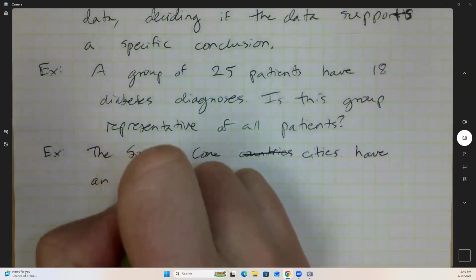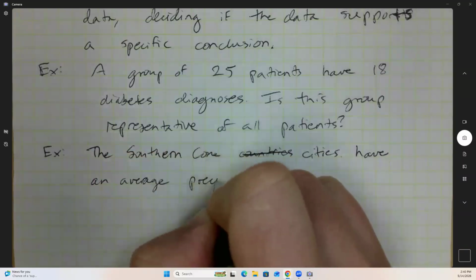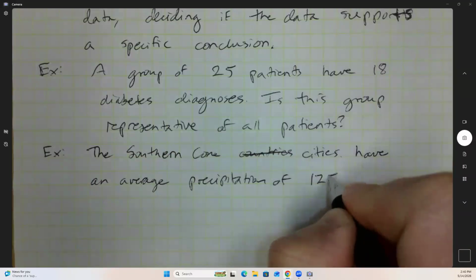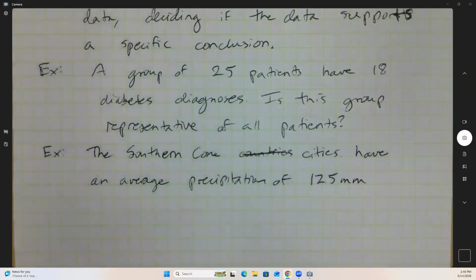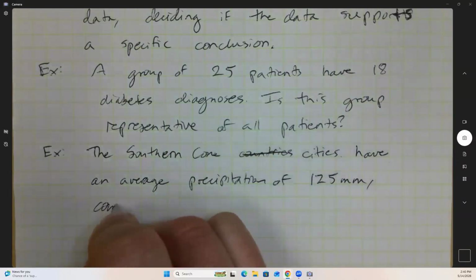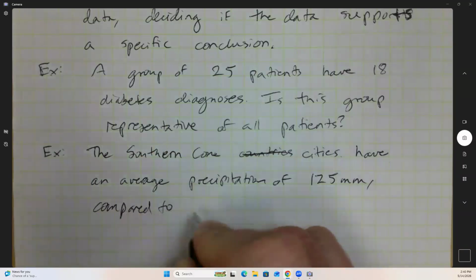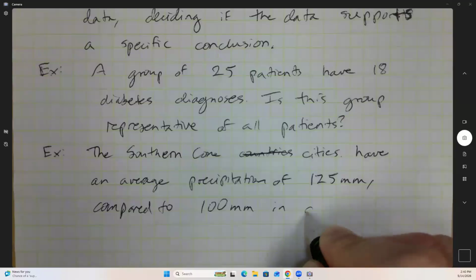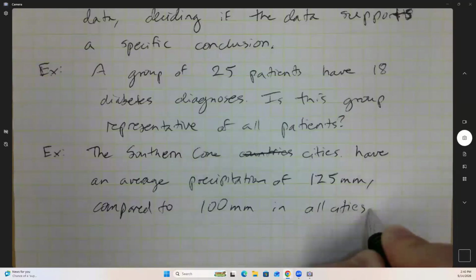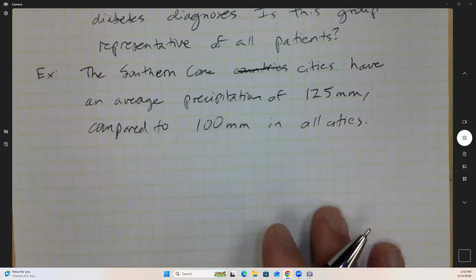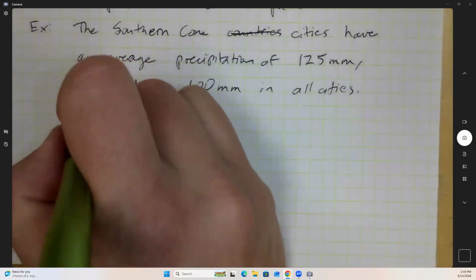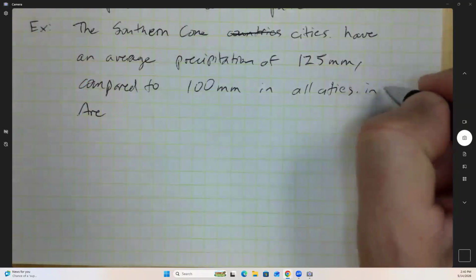have an average precipitation of about 125 millimeters in April, compared to about 100 millimeters in all cities. The question is, are the Southern Cone cities representative of all cities in the Americas?